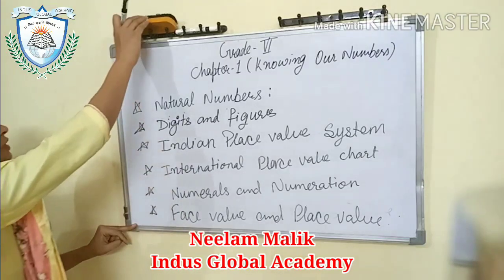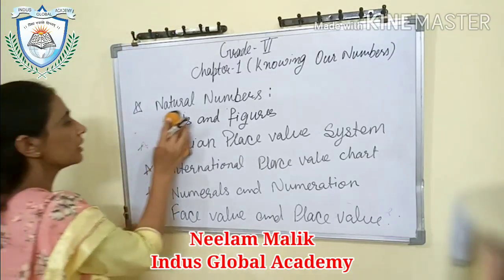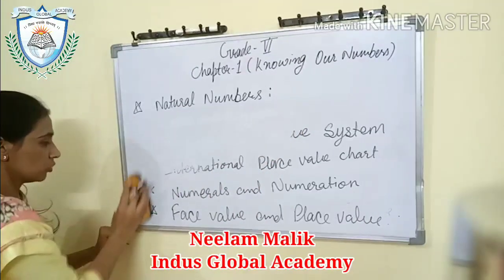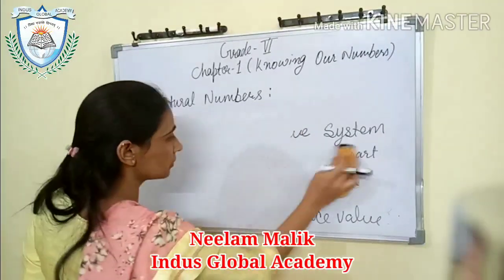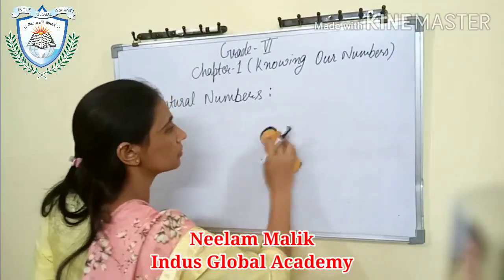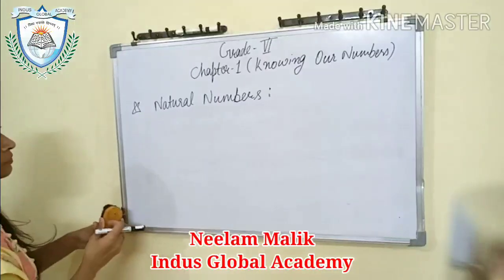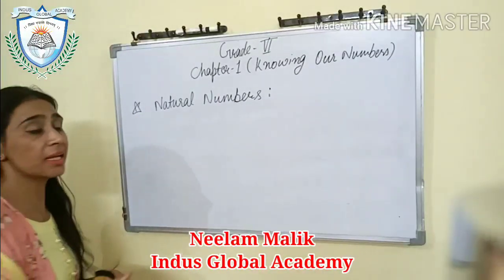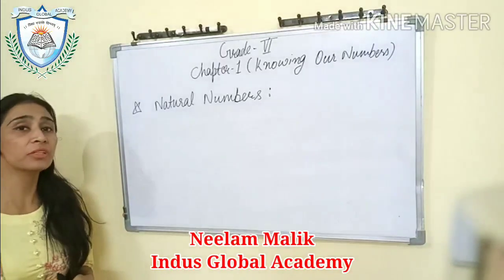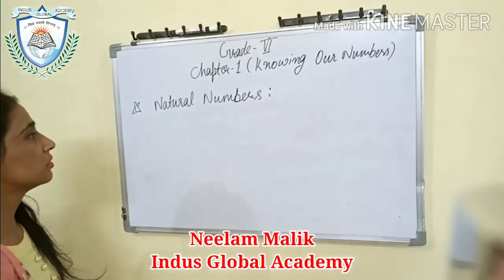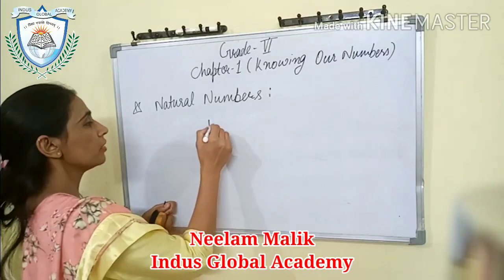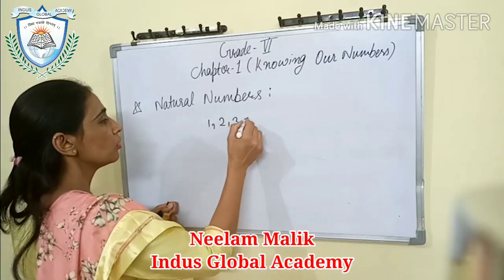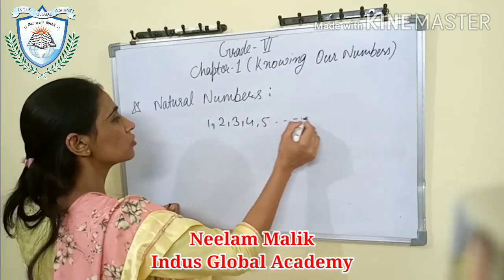Let's start with first one, that is natural numbers. So what are the natural numbers? In the earlier classes, you have been dealing with counting numbers. Counting numbers means 1, 2, 3, 4, 5 and so on.